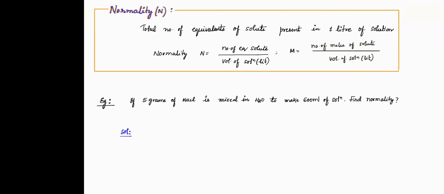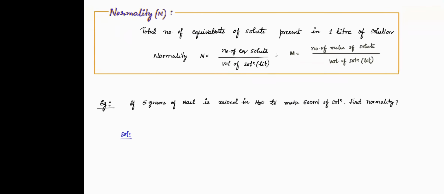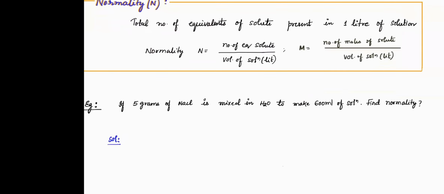That's what we are trying to figure out using this basic definition of normality. Unit wise, normality will always be number of equivalents per liter, correct? Just like mole per liter, now we have equivalents per liter.